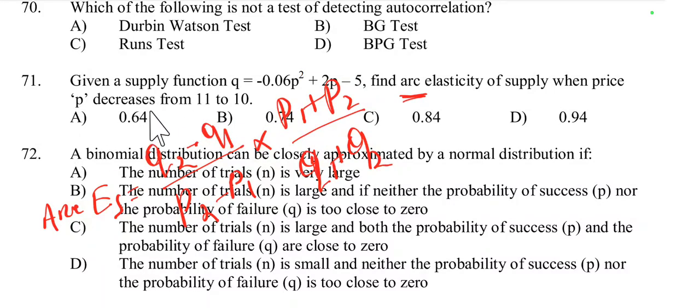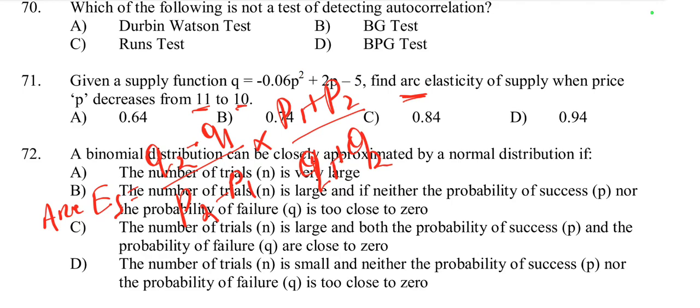So here the price decreases from 11 to 10, which means the initial price was 11. So 11 is P1 and 10 is P2.